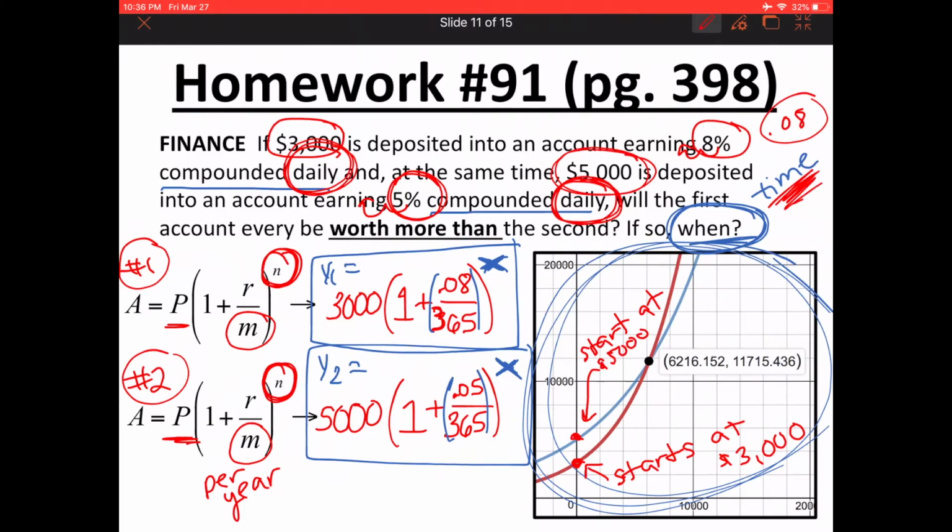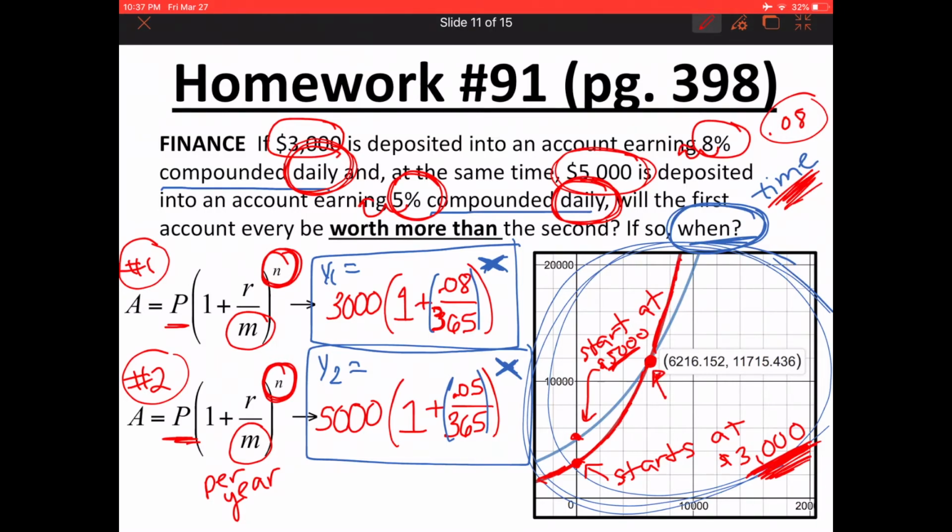And the question is asking, when will the first account, so when will this account that starts at $3,000 ever be worth more than the one that starts at $5,000? And notice, here at the beginning, it's still worth less, but all of a sudden they intersect, and now my red one is worth more.